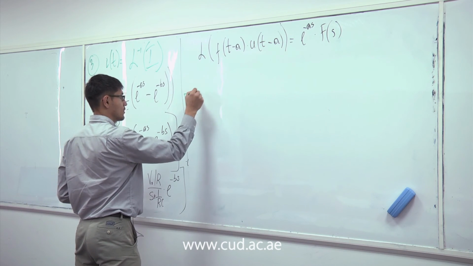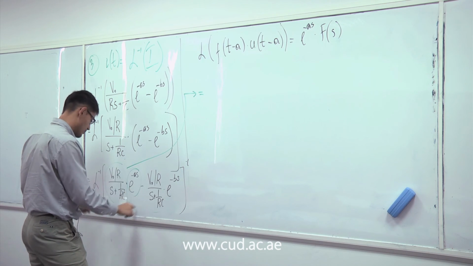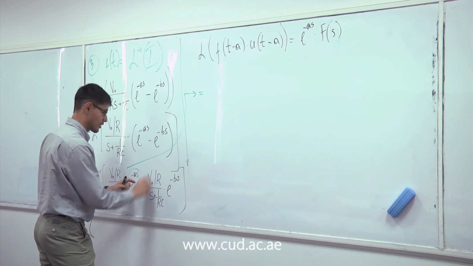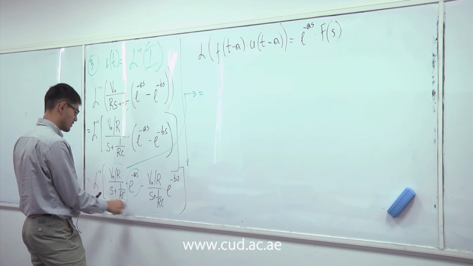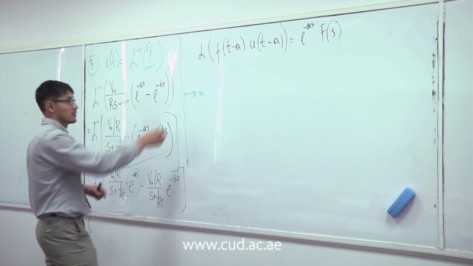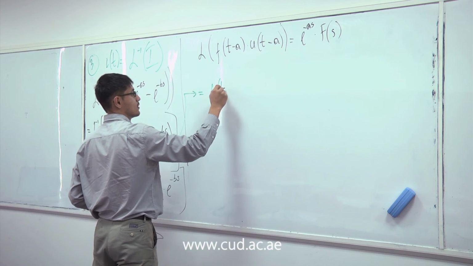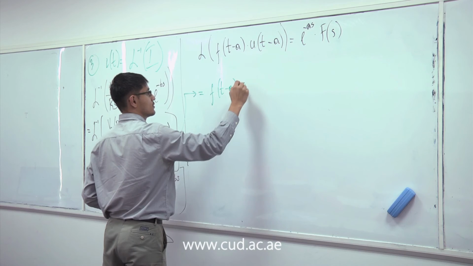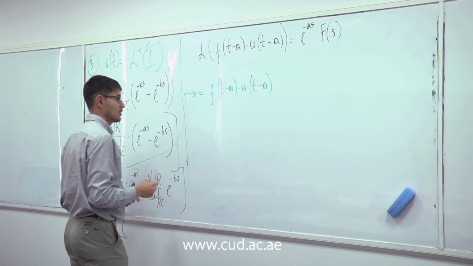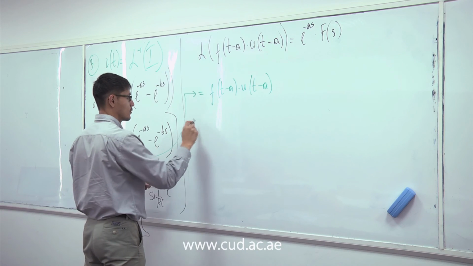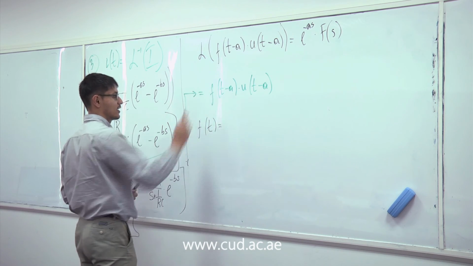So let us continue down here. Let me just take the inverse of this part. Okay, forget about this part for a second. Let's just concentrate on this part. So the inverse of this, using the t-shift formula, would be f of t minus a times u of t minus a. Now we need to find what's little f, and then we plug it in here.